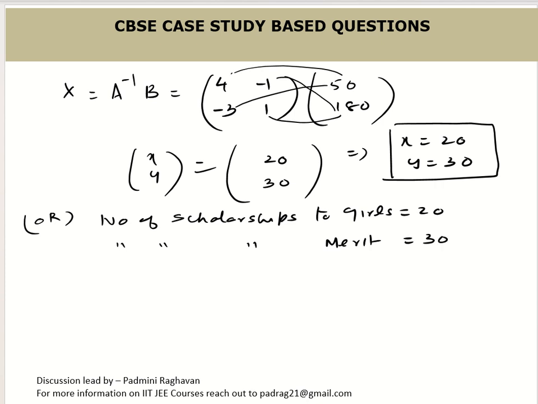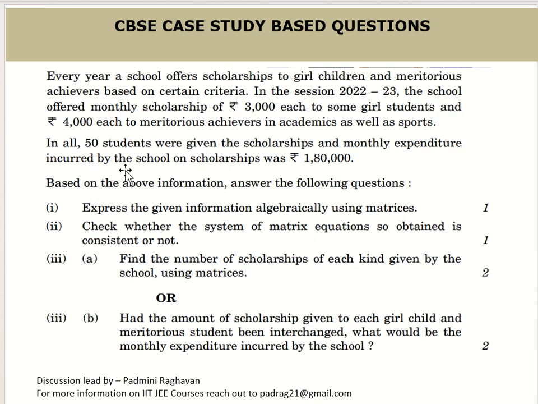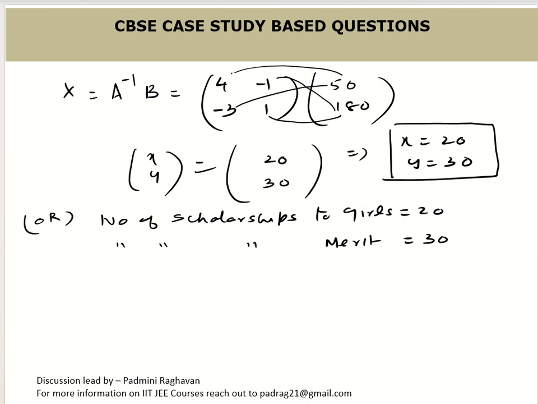Initially, they were giving 3,000 for girls and 4,000 for meritorious students. Now they are going to interchange that. So the amount incurred is going to be, each girl is going to get 4,000 rupees. So number of girls are 20 into 4,000, and each meritorious student is going to get only 3,000 rupees because they have said the amounts are interchanged.